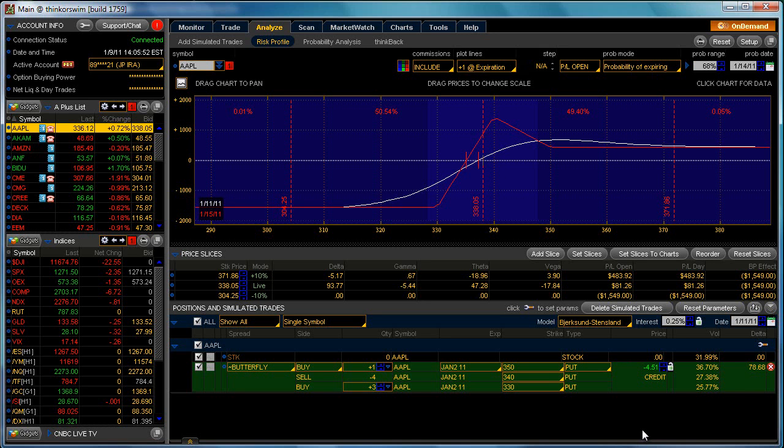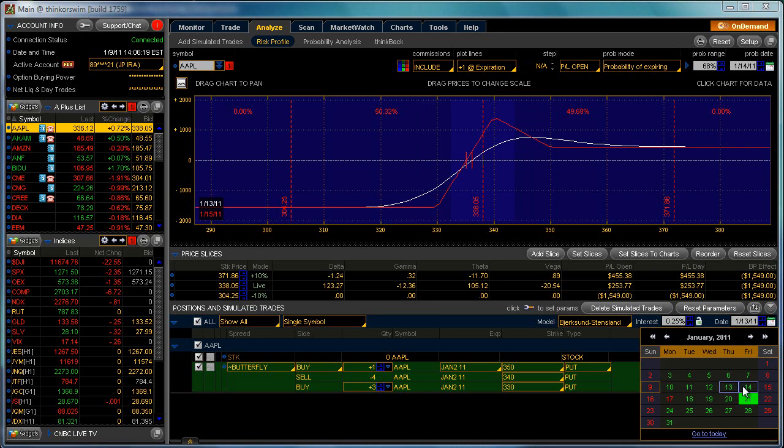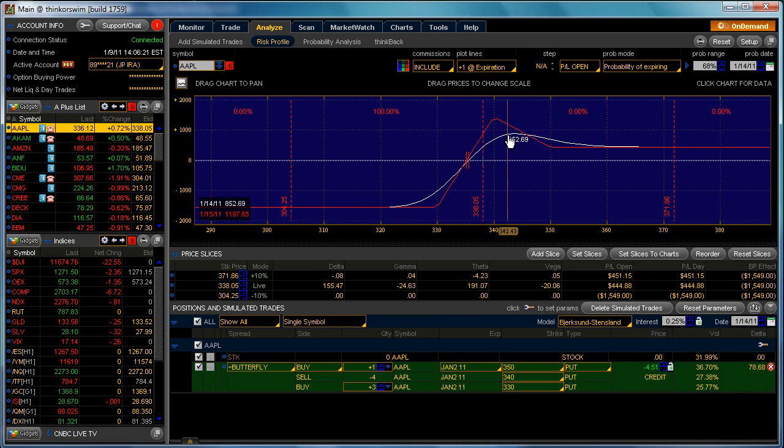Now, the nice thing about the weeklies is the way that these are going to decay. Let me set that back to 1.9. What I've noticed during the week is that as the days progress, even up to here, we are on the 13th, even up to expiration day, everything remains the same.